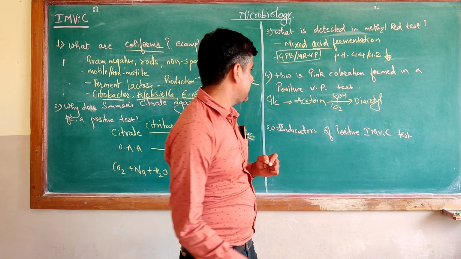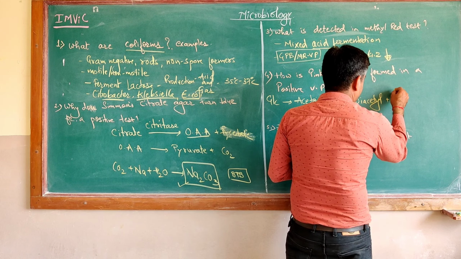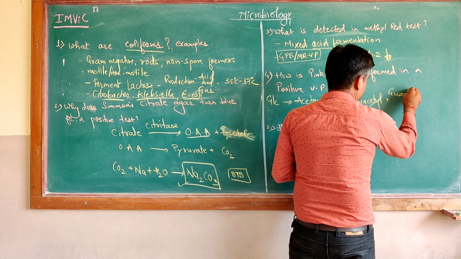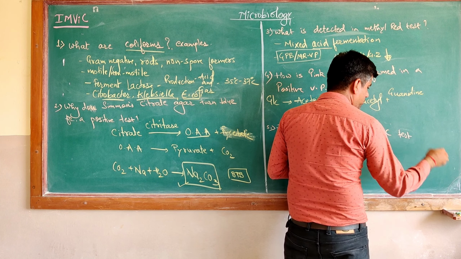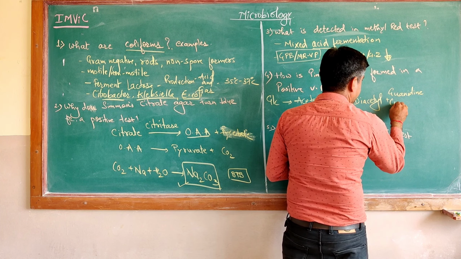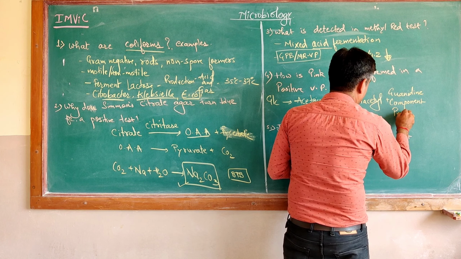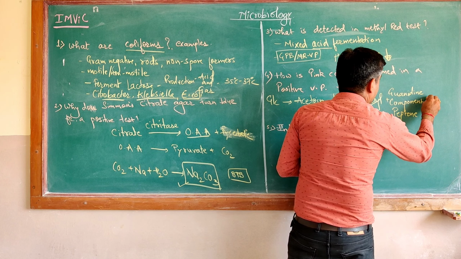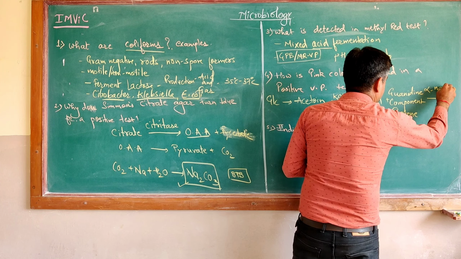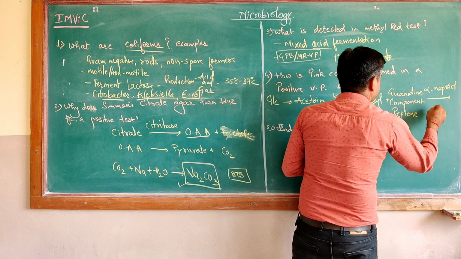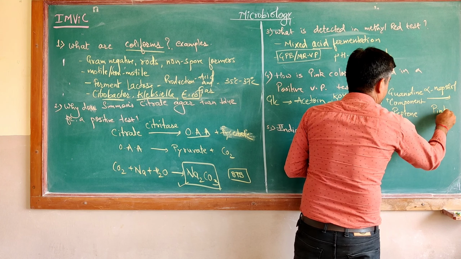This diacetyl, in the presence of the guanidine component of the peptone, will interact with the diacetyl formed, and in the presence of alpha naphthol, a part of the Barritt's reagent, there will be formation of this pink color.